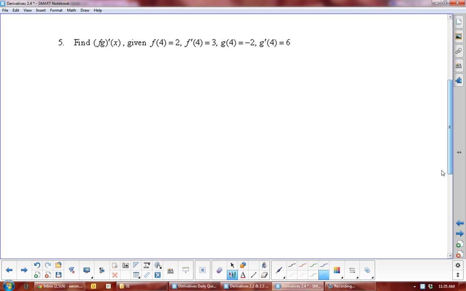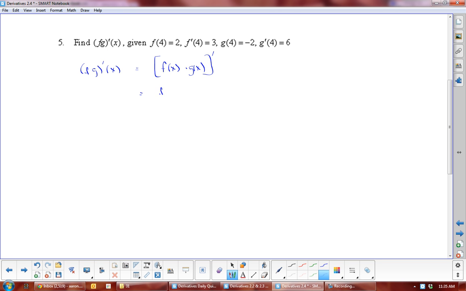Okay, so find the derivative of fg. f of 4 is 2, f prime is 3, g of 4 is negative 2, and g prime of 4 is 6. Okay, so if we're doing fg of x, this is the same thing as saying f of x times g of x, find the derivative of it.